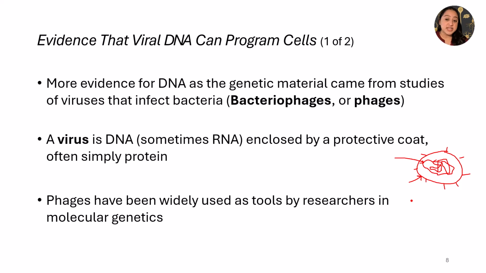And if we study these viruses and what they infect bacteria with, that taught us some more. Bacteriophages, or again, just phages, have been widely used as tools by researchers in molecular genetics because they are genetics. They have DNA or RNA, even though they don't have everything else. They can teach us some stuff.